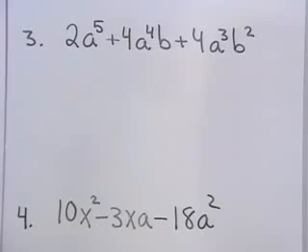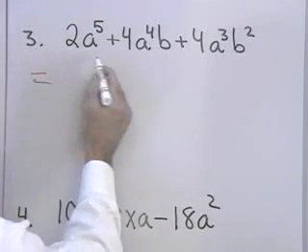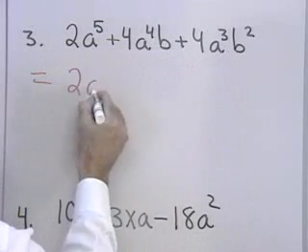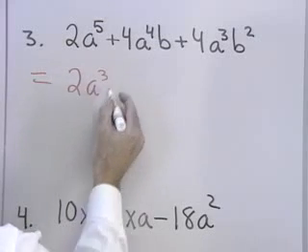Here's another problem. 2a to the 5th, 4a squared b, 4a cubed b squared. The first thing I want to do on any kind of factoring is factor out the greatest common factor. In this case, that will be a 2, a cubed, and I think that's it.